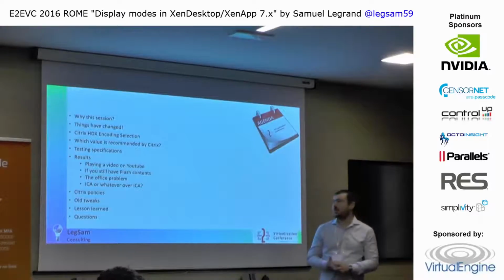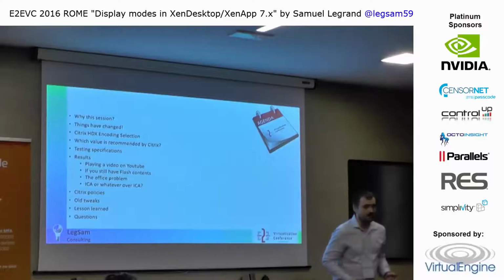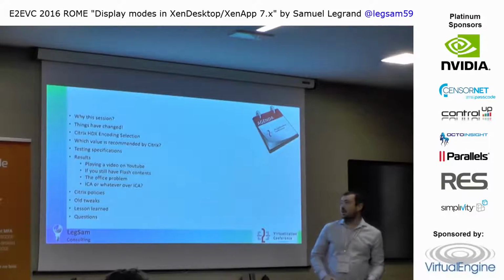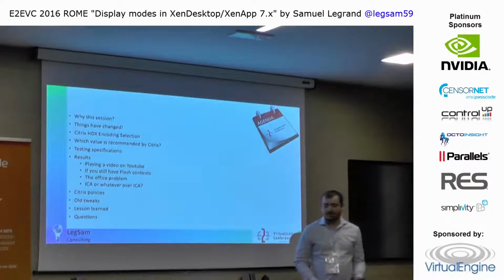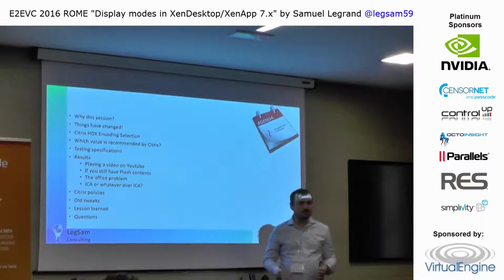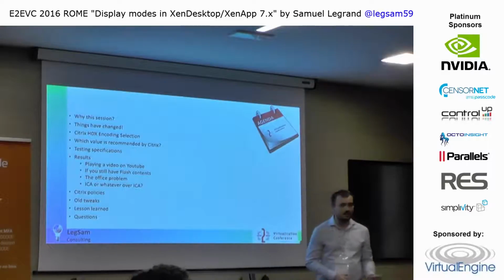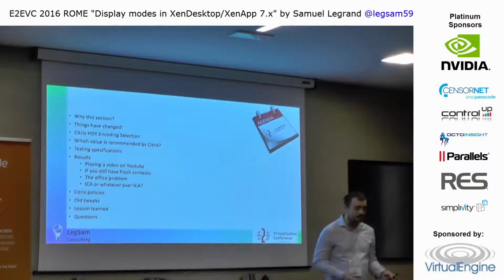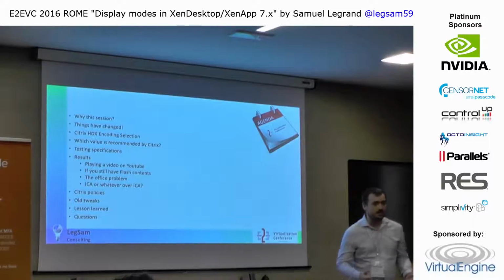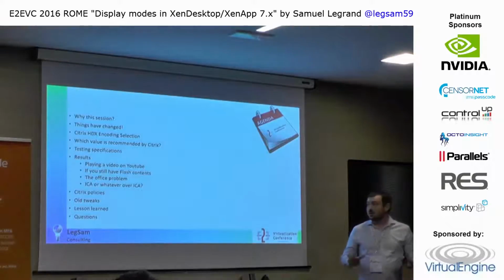So, a quick agenda. I will summarize why I do this session. We need to figure out that things have changed. We have to know that there are a lot of encoding solutions on HDX, and we will have a quick look at which values Citrix recommends in terms of bandwidth.